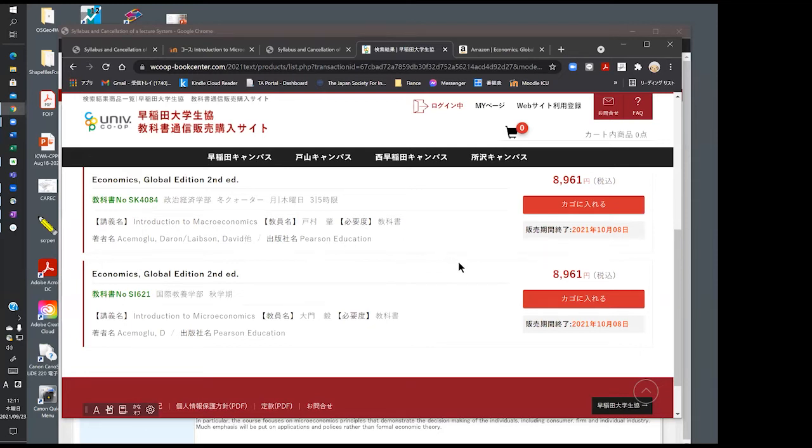So that's one of the motivations, and one other motivation why I wanted to switch my textbook from Mankiw to this is because this school, by the way, from where I originally graduated, uses the same textbook. No, sorry. That's totally wrong. This is macro. You cannot click on that.